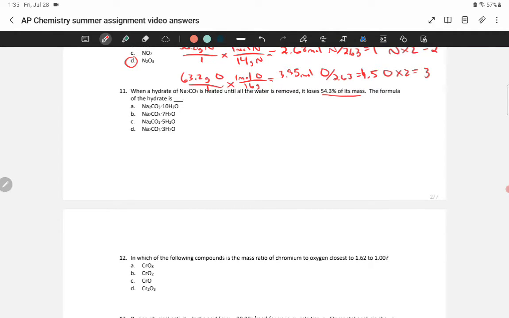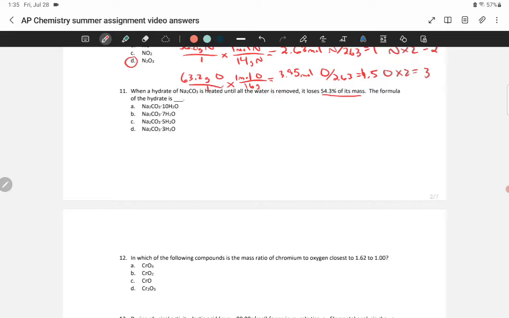So when you heat it, it loses 54.3% water. So therefore, we know how much water it has. We're trying to get this empirical formula here that has some Na2CO3 and then different amounts of water.